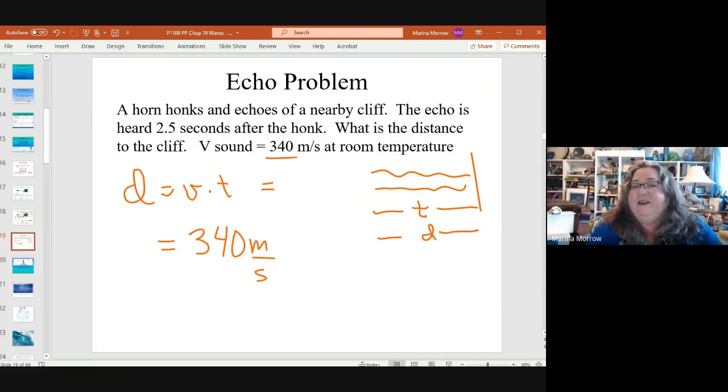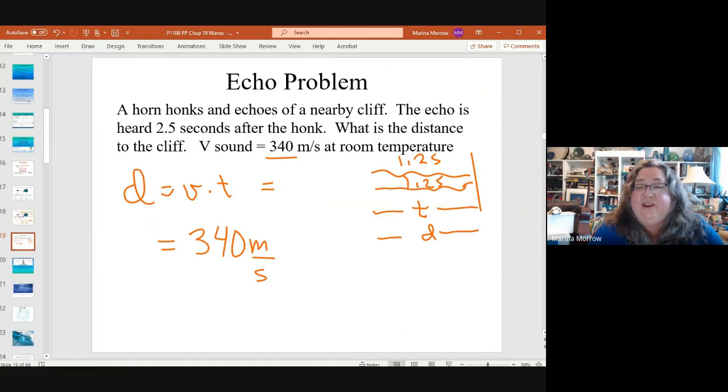Because if I use the 2.5 seconds as is, that's really the time for there and back, right? So what I can do is divide by 2 now and say, okay, well, it was 1.25 seconds there. It's going to take 1.25 seconds to return. And so that is what the time is.